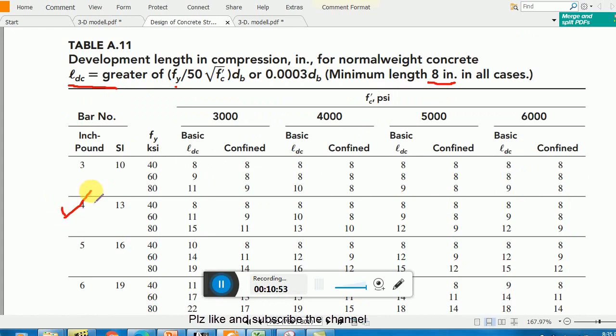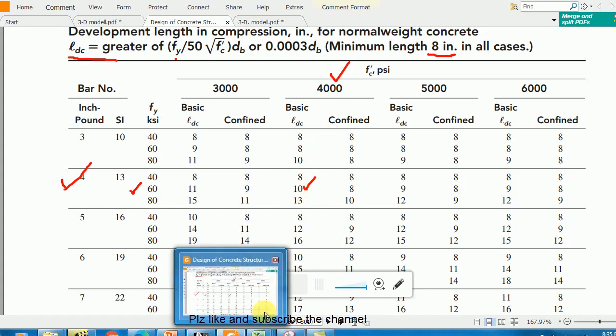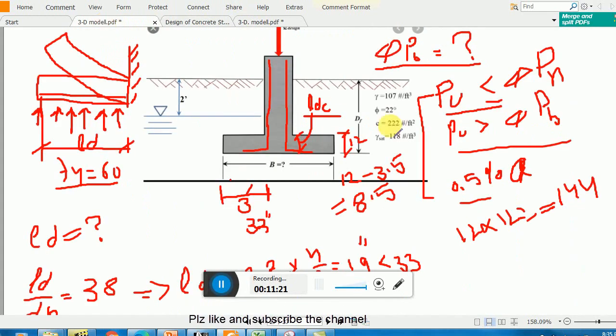And one thing, here we are using number 4 bar, and this is 4000. Okay, and here the Ldc we need, as we are using 60,000 psi, is 10 inches, remember, and the available space is 8 inches. Okay, so that's why we need to provide a hook. Okay, to satisfy this criteria.